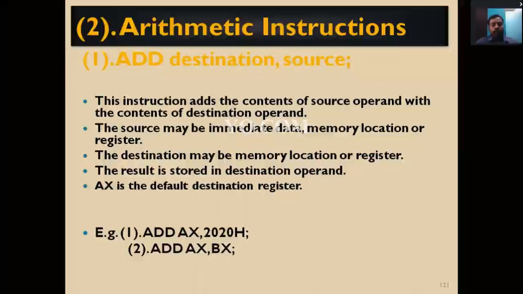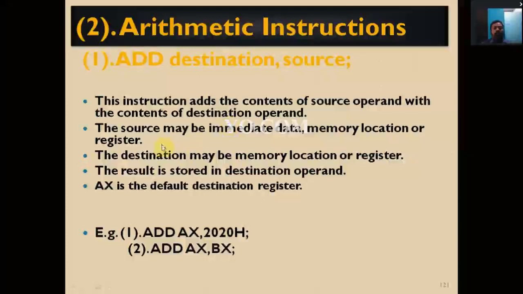The addition takes place between memory and register, register and register, or register and memory, but not between memory and memory. After the addition the result is stored in the AX register.